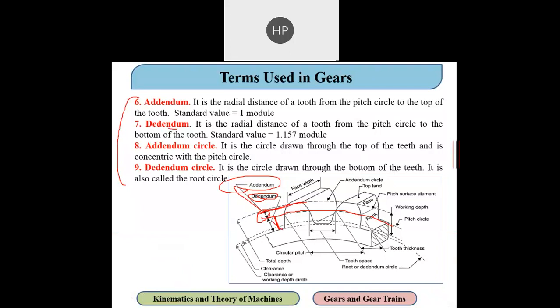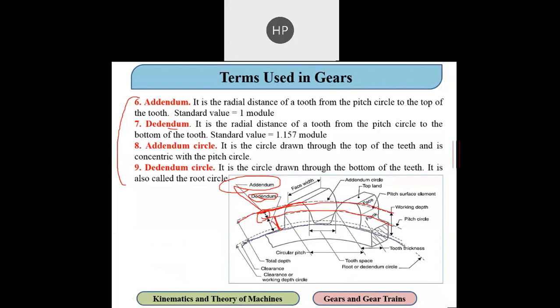Now, whatever circle we draw from the extreme top point, that circle is known as the addendum circle, and whatever circle we draw from the bottom, that is known as the dedendum circle.